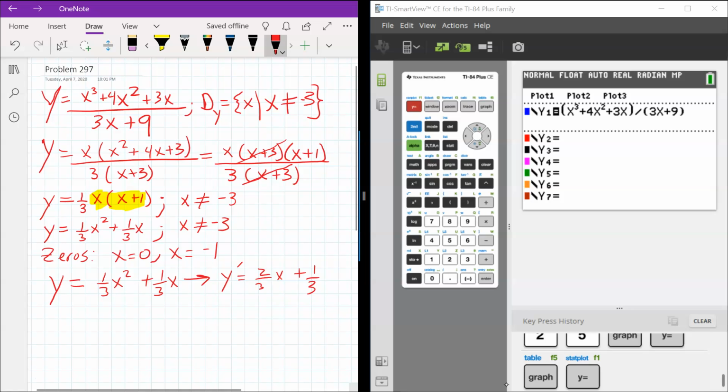And now we just need to find when the derivative goes to 0. It's well defined here for all real numbers. We do know that x can't be -3, so we'll set that to 0 to find the critical numbers. I could simply multiply everything by 3 here. And here we see x equals -1/2, the critical number.